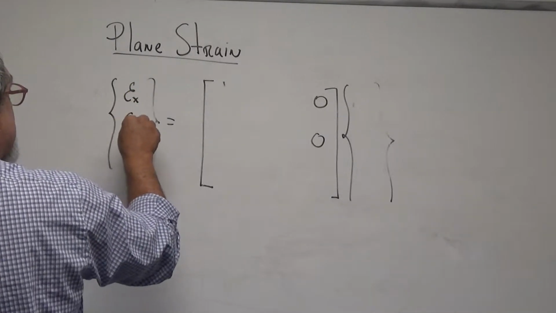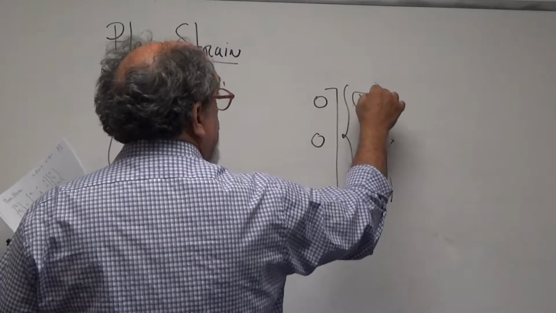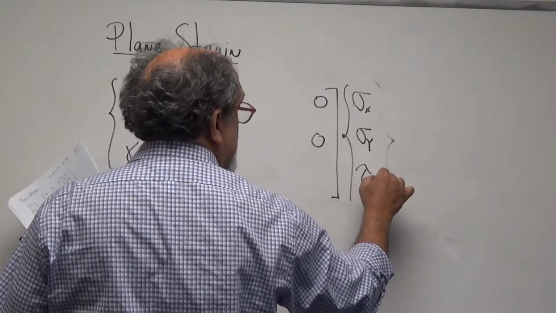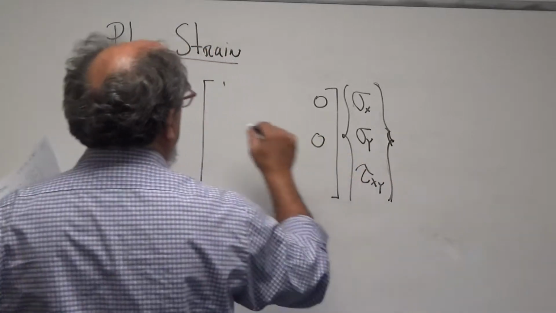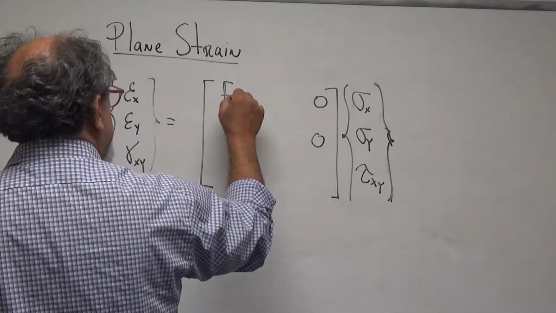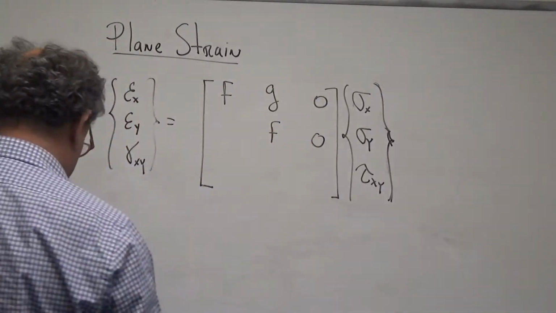We have epsilon x, epsilon y, and gamma xy, and on the right side we have the stress sigma x, the stress sigma y, and the shear stress tau xy. This is under the condition of plane strain. The matrix now is constant F, G, F. All right?